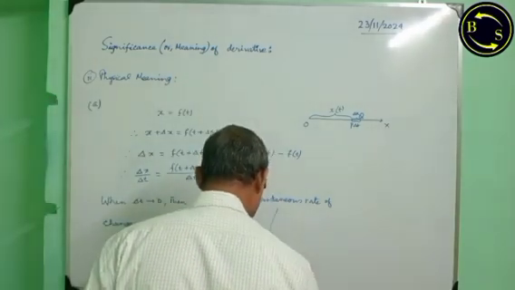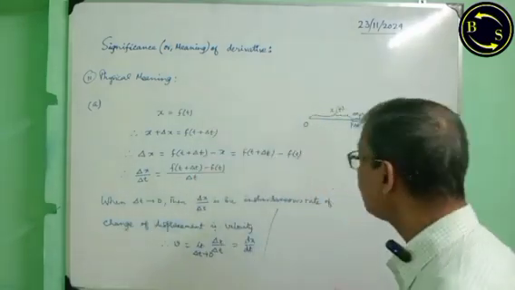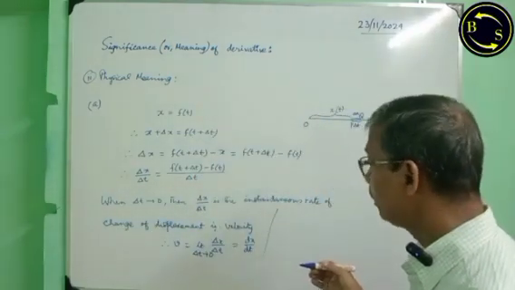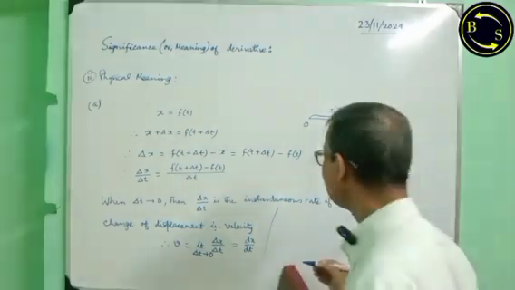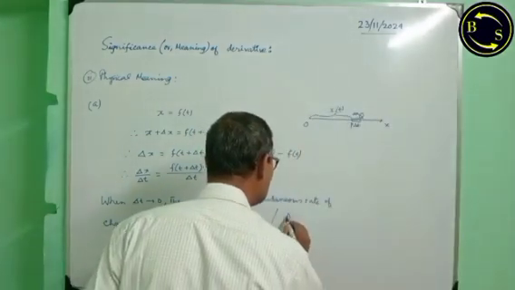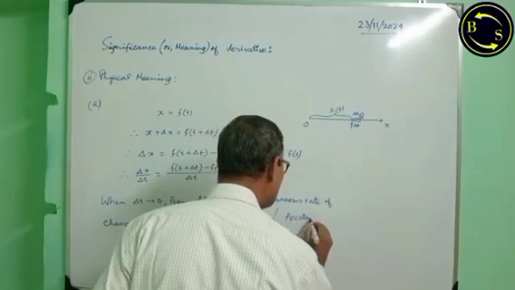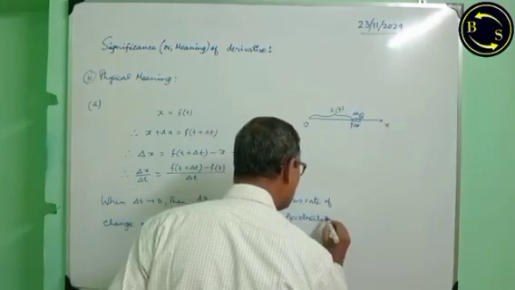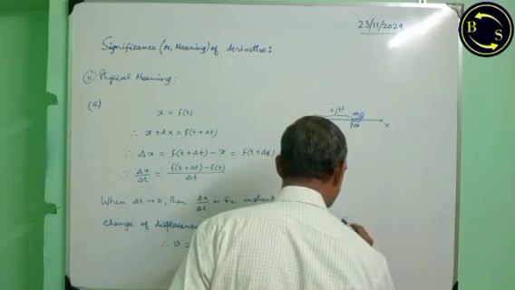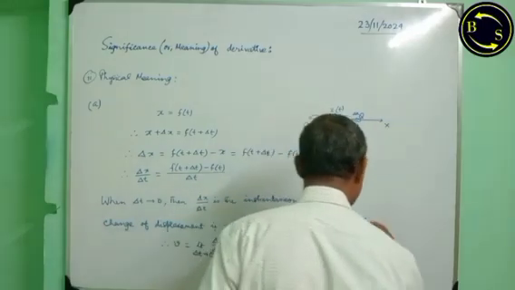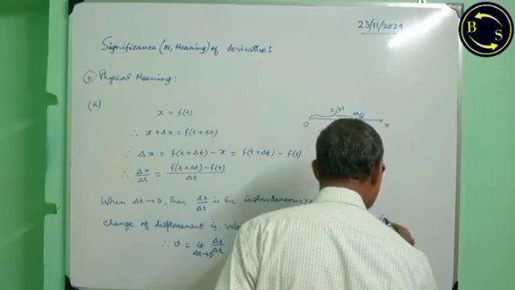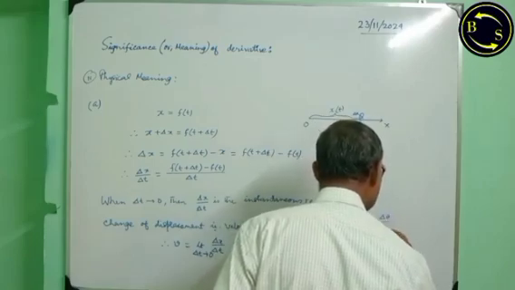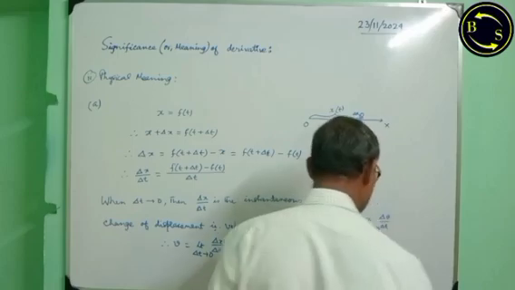Now, similarly, if we take the rate of change of velocity, then we get acceleration. Limit delta t tends to 0 of delta v by delta t.